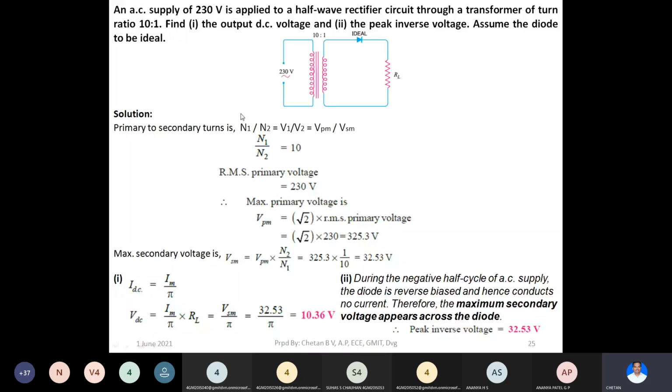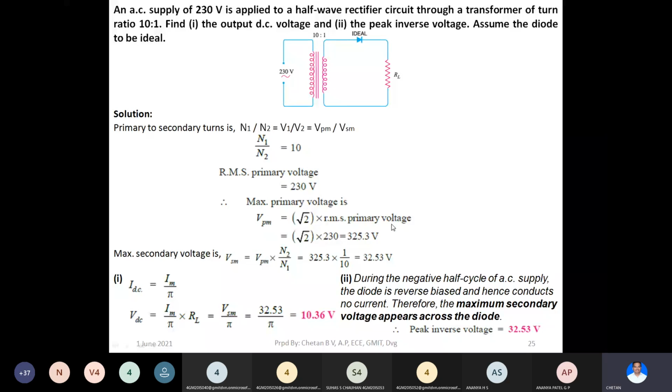So from the given N1 by N2, this is 10, and RMS value of this is 230. They have not given the peak voltage at primary. So from this RMS 230 volt, first we have to find out the VPM value, or peak voltage across this primary. So how will you find out that? Peak voltage across this primary will be root 2 times of RMS primary voltage.